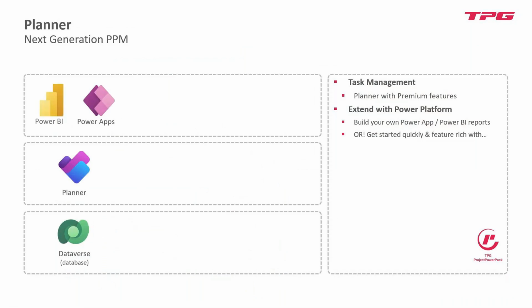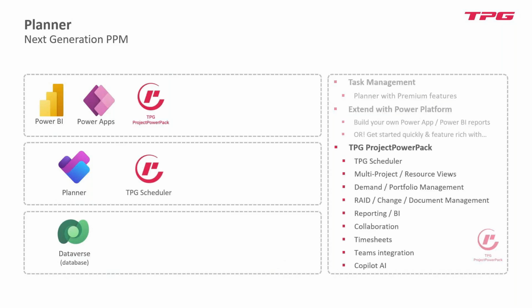We've got Power Apps and Power BI, we've looked at Planner, Dataverse for our database, and then TPG Project Power Pack and the TPG Scheduler. So that's how we can get all of that information in one place, not have to swap context all the time, and make sure that we've got really good repeatable ways of working.